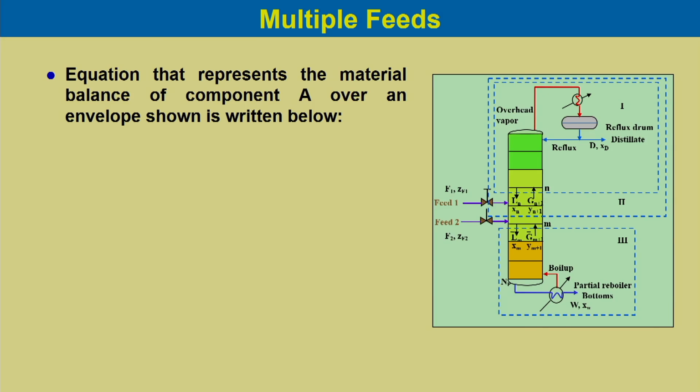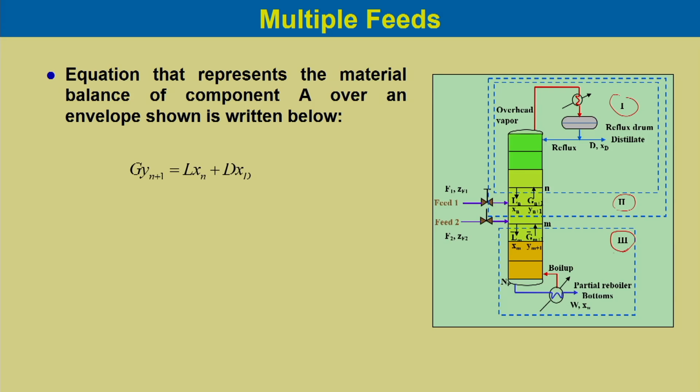Now, the equation that represents the material balance over the envelope shown over here. We have drawn 3 envelopes, envelope 1, envelope 2 and envelope 3. Let us do the balance equation for envelope 1.